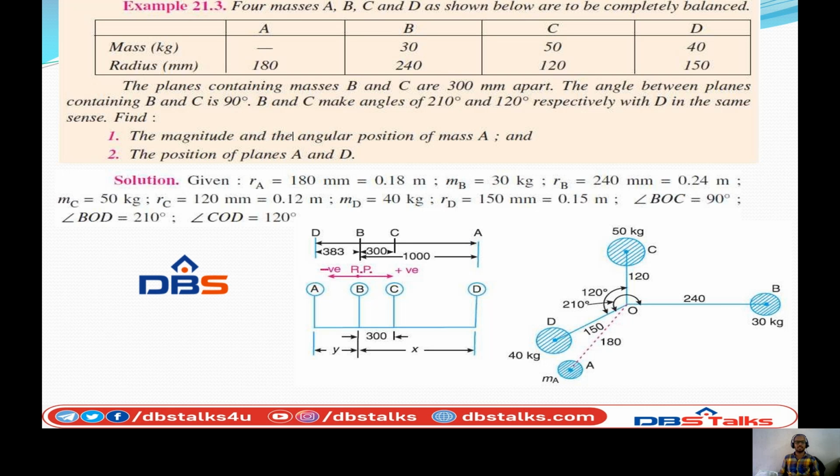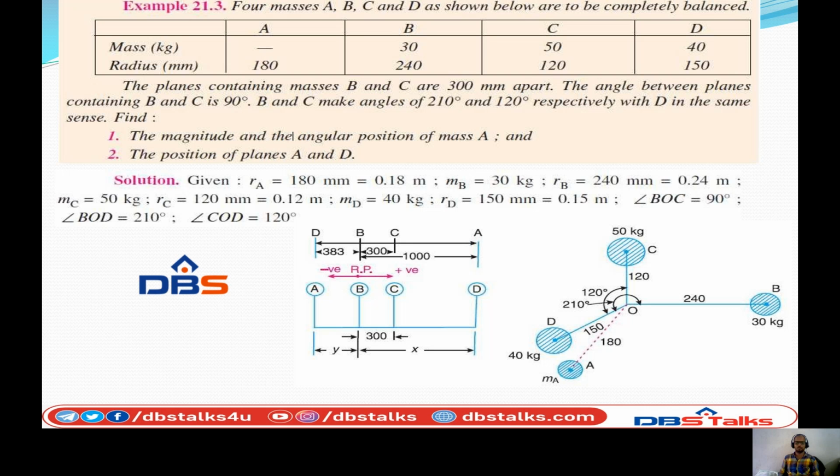The planes containing B and C are 300 mm apart, and the angle between the planes containing B and C is 90 degrees, and B and C make angles of 210 and 120 degrees respectively with D in the same sense. So with D we are making the angle. And finally the magnitude and angular position of A and the position of planes A and D are required.